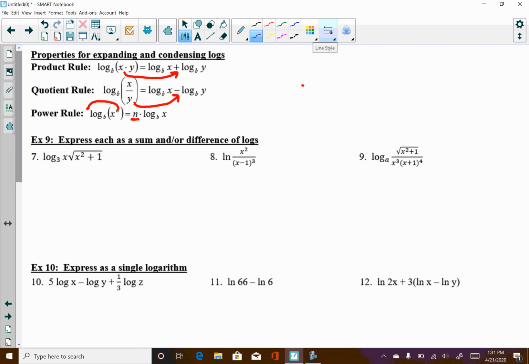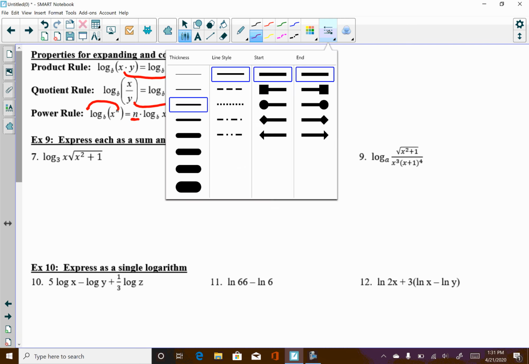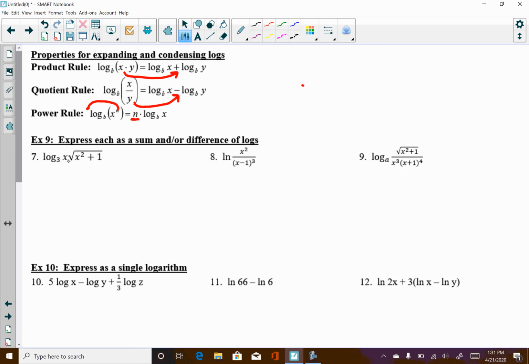I think what I'll do is I'm going to do number 7 and number 9 with you. All right, in number 7, you have log base 3 of x times the square root of x plus 1. So before I try to start breaking this up, let's think of the square root. The square root is the same as what power?